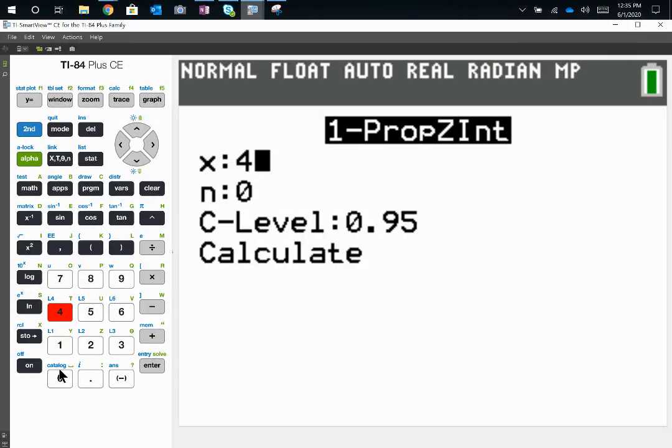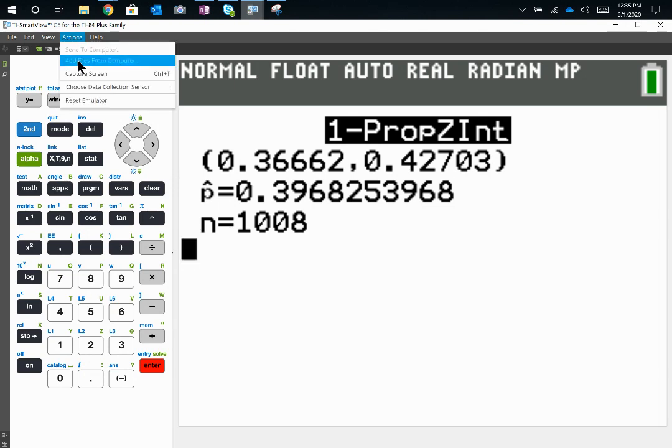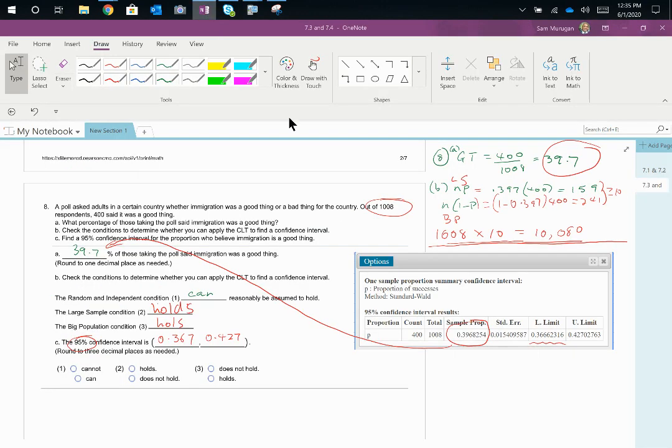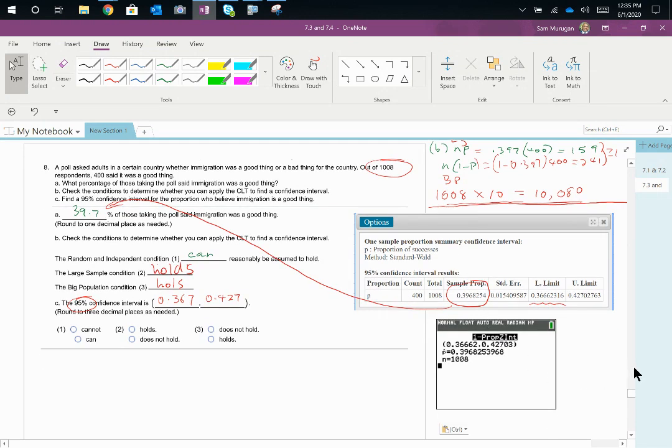Enter 400, enter 1008, and enter to calculate. And you pretty much get the same answer as if you ran the StatCrunch program. Either way, you'll get the same answer. Notice you can get the proportion and you can get the confidence interval from this.